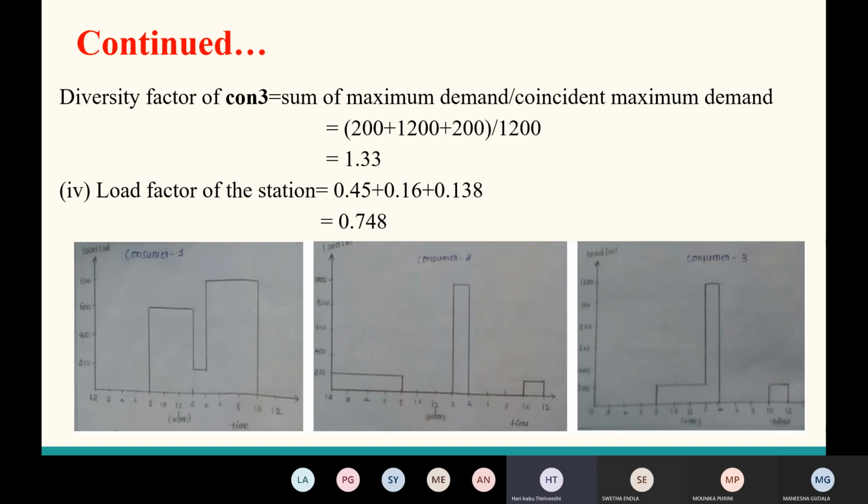Therefore, the maximum demand of the station Dg is equal to the sum of individual loads, which is 900 plus 1000 plus 2100 plus 2000.